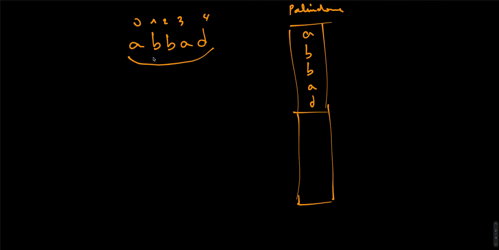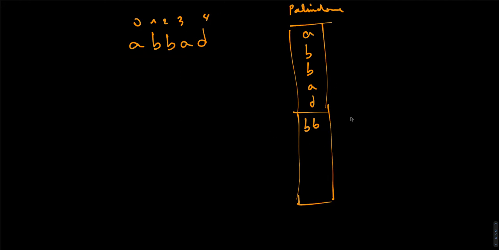In this case, this substring of 2 letters can only be a palindrome if both the letters are equal. So for example, this one is a palindrome, but this one is not a palindrome because the characters are not equal. So here we can add B, B. Cool.